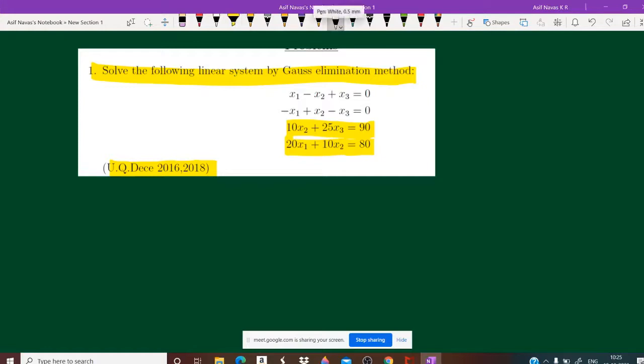Okay, so we will solve this. What is the first step? First step, we will write Ax equal to B. So what is A here?